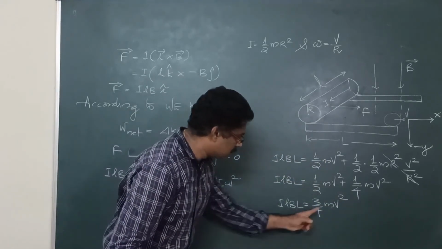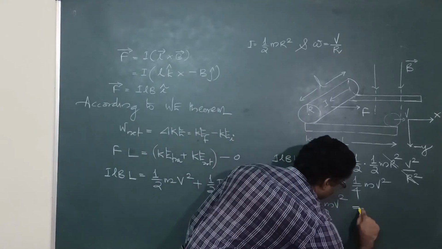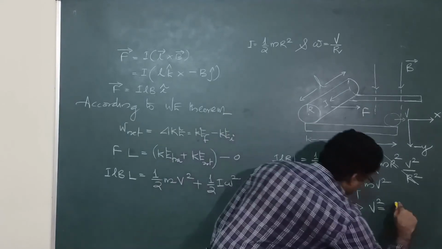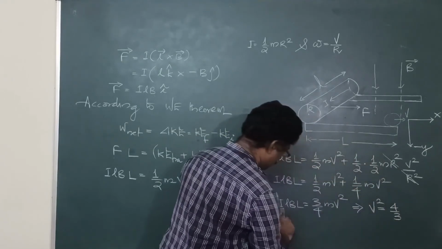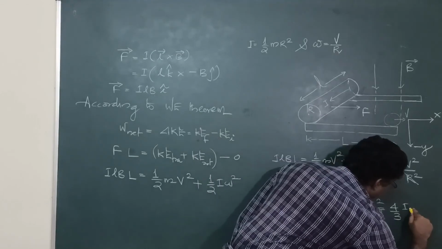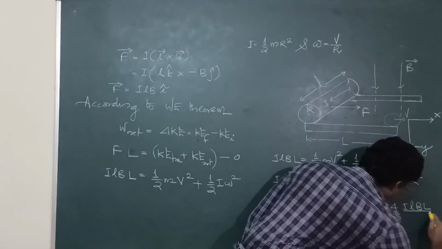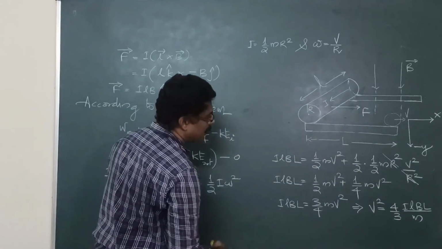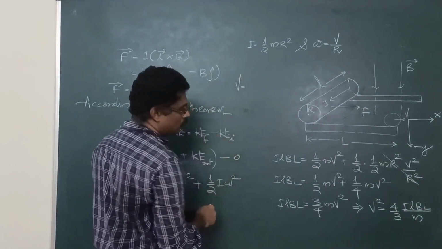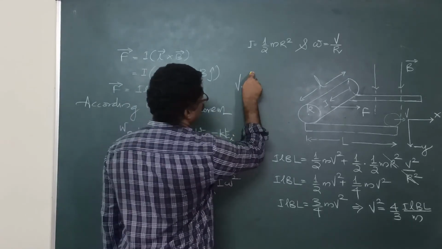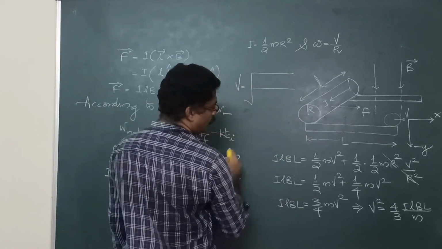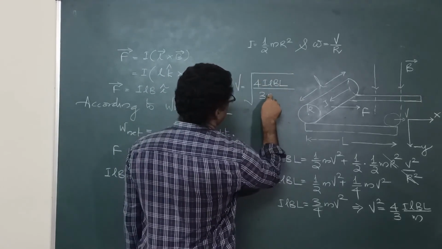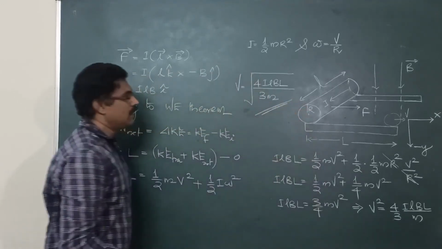We need to find the final speed, so v square is equal to 4 by 3 into ILBL divided by m. So the final speed is v equal to square root of 4 ILBL divided by 3m. So this is the answer.